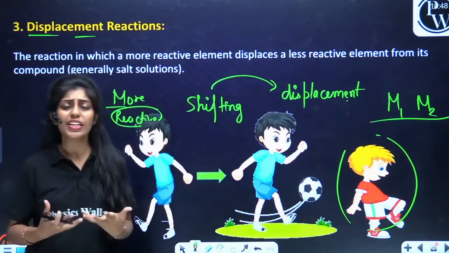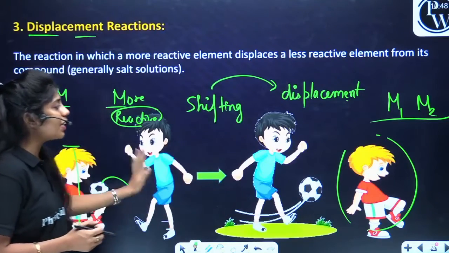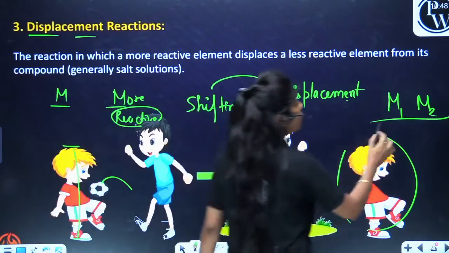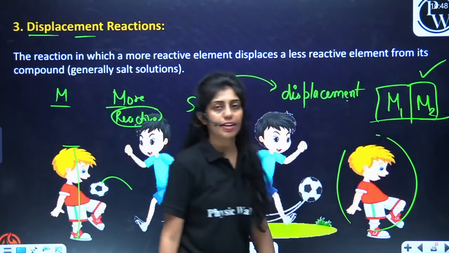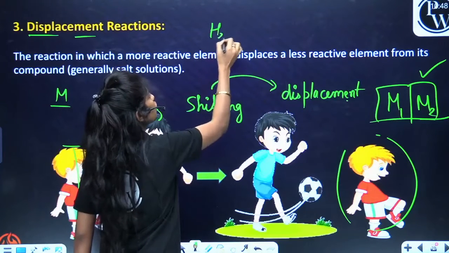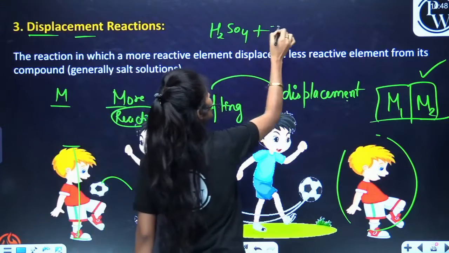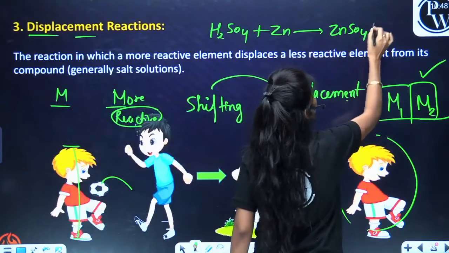And how will we get to know? There is a reactivity series to help. Suppose M1 and M2 are two metals, and M2 is more reactive. Take a reaction, say H2SO4 and Zn, which makes ZnSO4 and H2.